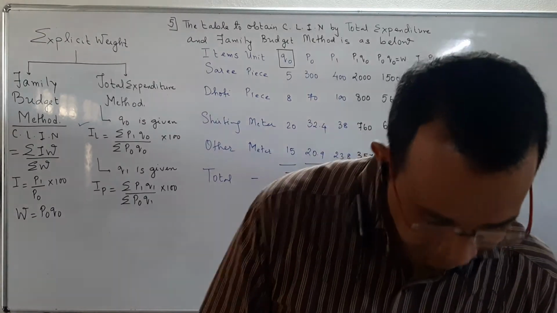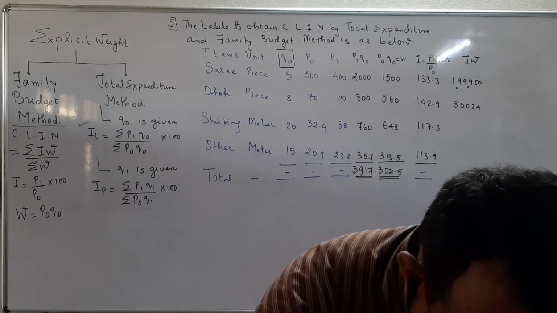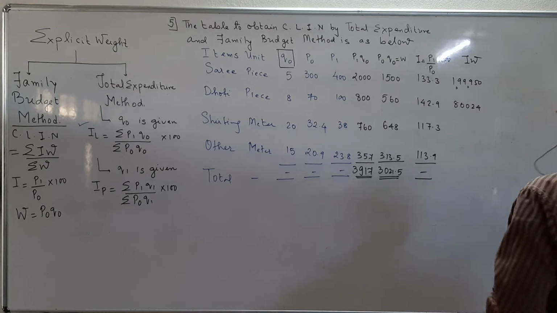Then, students, 117.3 into 648 is 76,010.4.